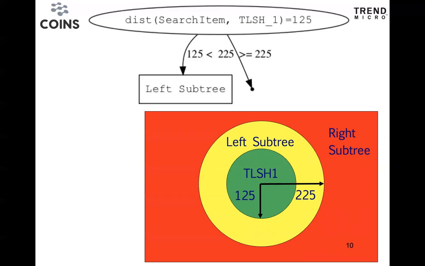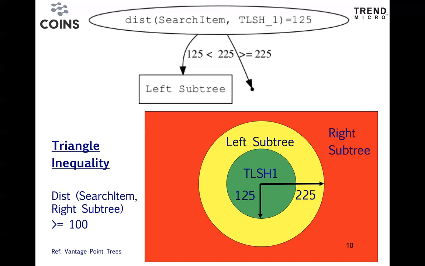Then we can apply our intuition to this diagram and identify that the search item is definitely at least 100 distant from all elements of the right subtree. We can construct a bound.